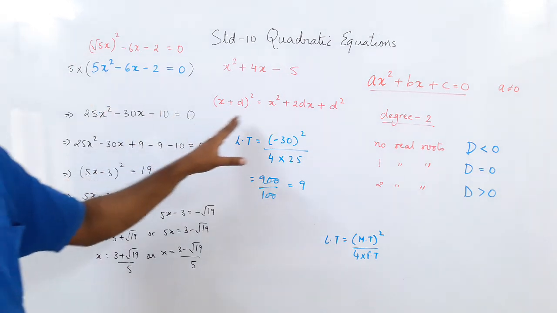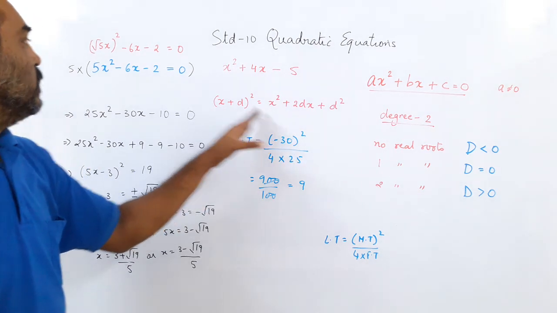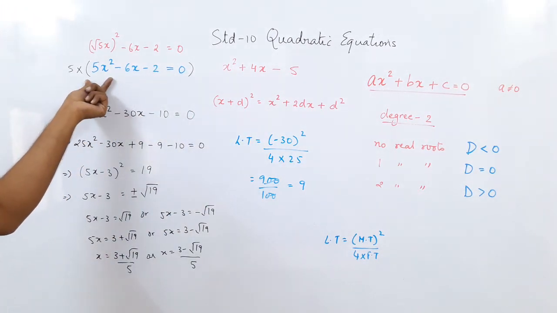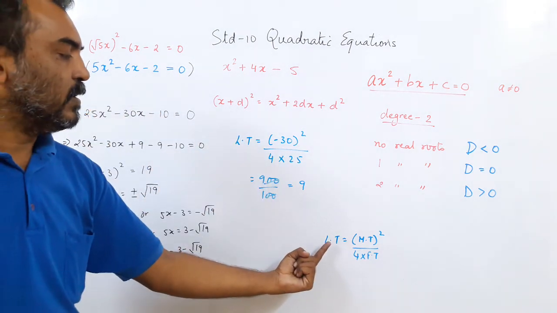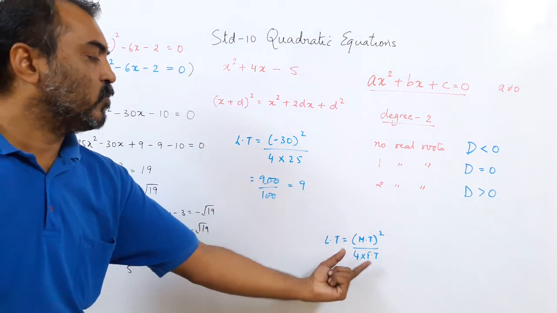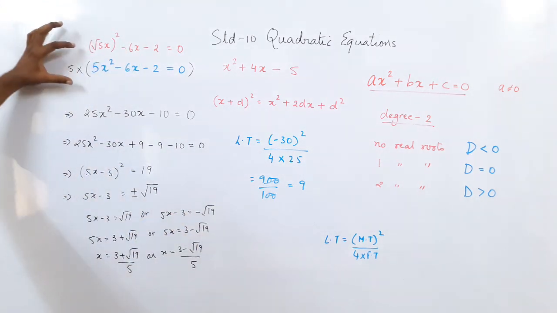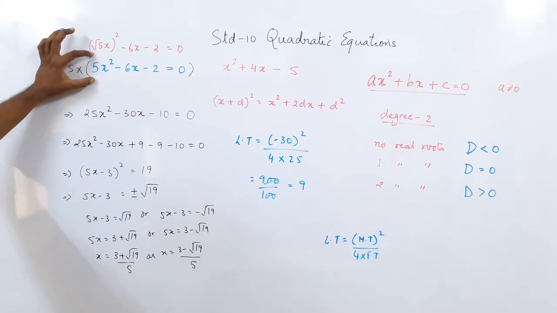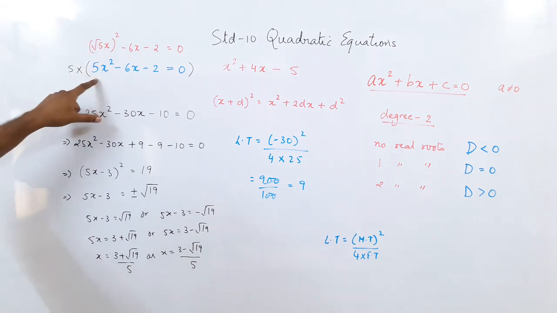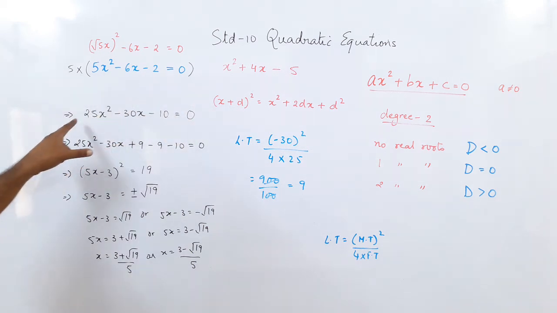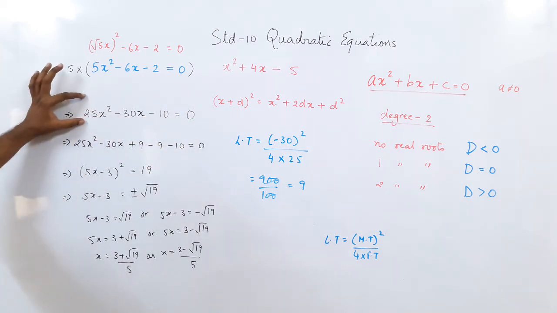So first you saw what we did here. How did we complete the square? In the equation we consider this is the first term, this is the middle term, and we find the last term. With which formula? Last term equal to middle term the whole square upon 4 into first term. But again you see, this first term has to be a perfect square, which was not a perfect square. So what I did, I multiplied the whole equation by the same number, so I get a new equation in which the first term is a perfect square.